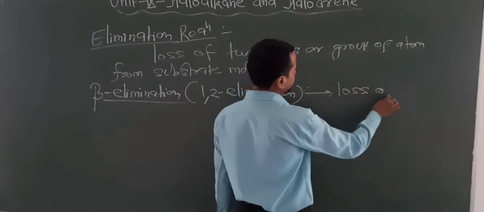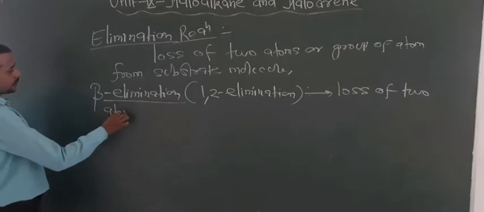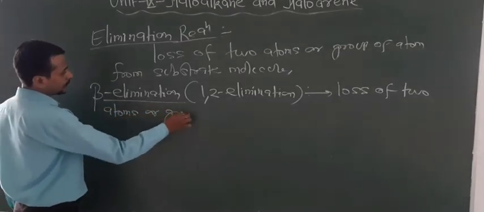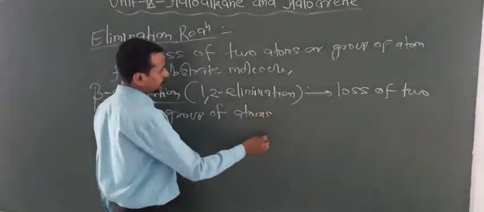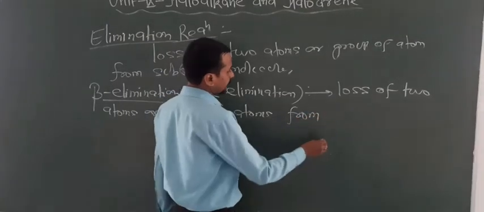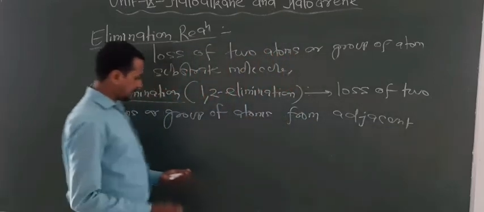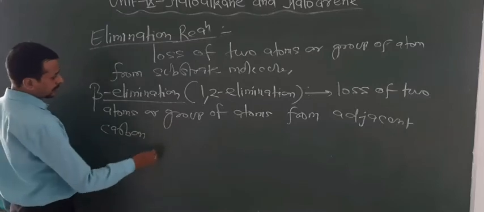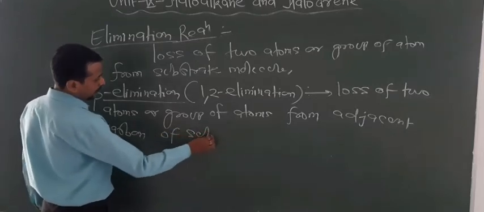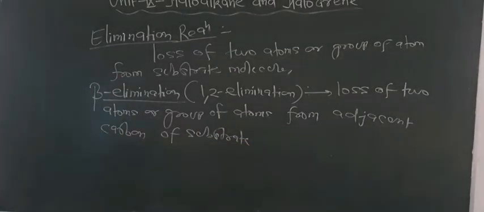Loss of two atoms or group of atoms from adjacent carbon of substrate molecule, adjacent carbon of substrate. So this is basically beta elimination.